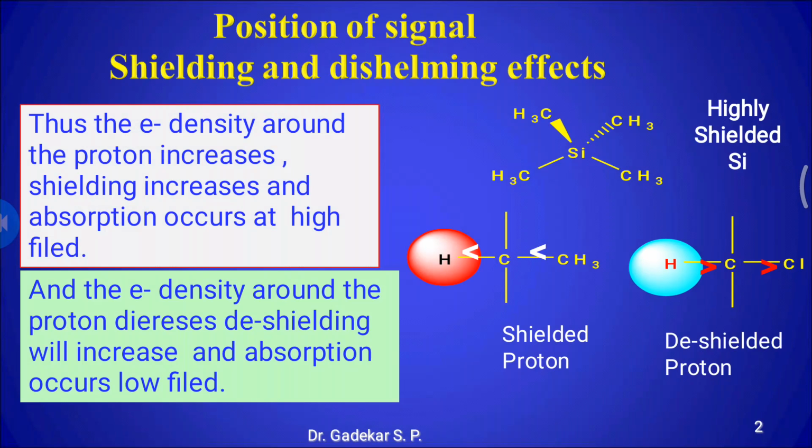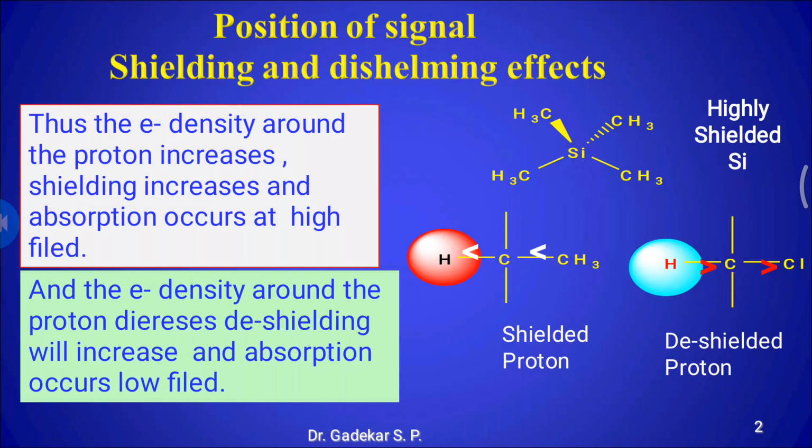Next example, the blue colored protons. These blue colored protons are highly deshielded. Why? Because in this molecule chlorine atoms are present. These chlorine atoms remove the electron density of the hydrogen atoms. So these blue colored hydrogens are highly deshielded and their absorption occurs at low field or downfield in the spectrum.